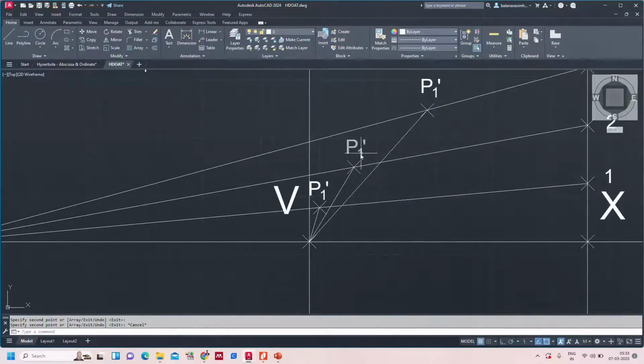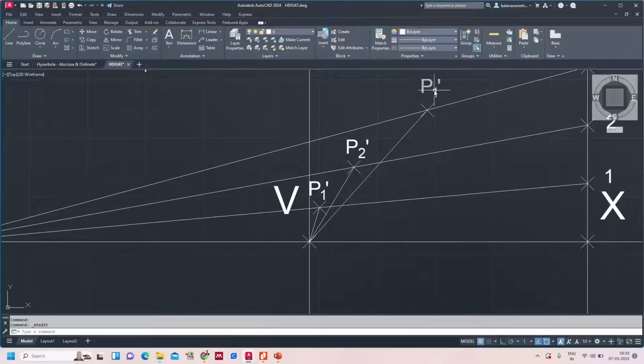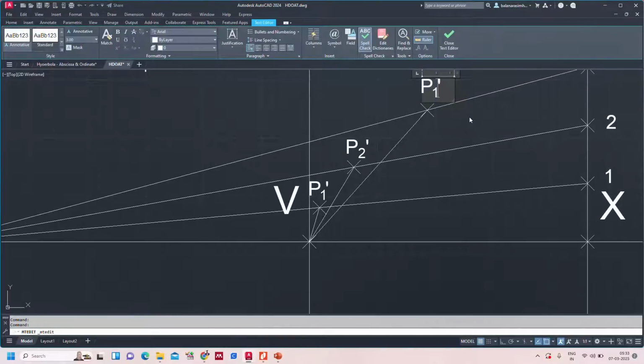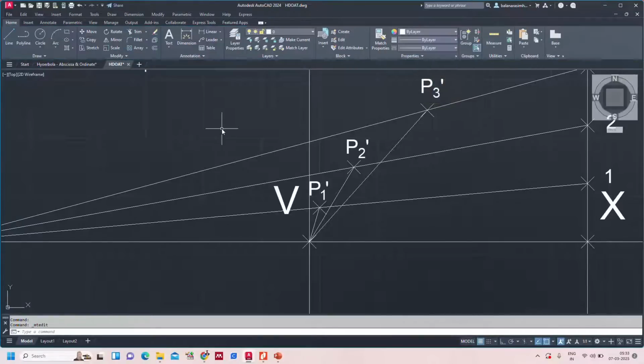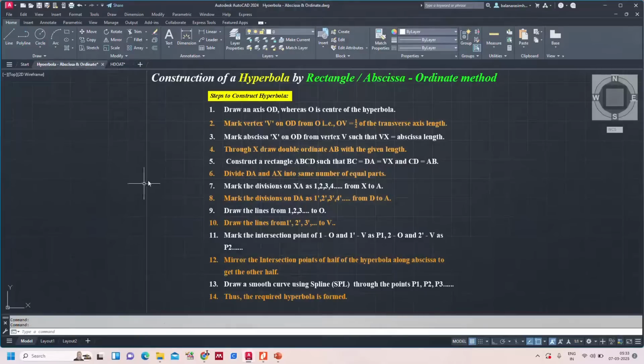P1 dash, P2 dash, P3 dash. Finished. Now after marking the intersection points, what we need to do?